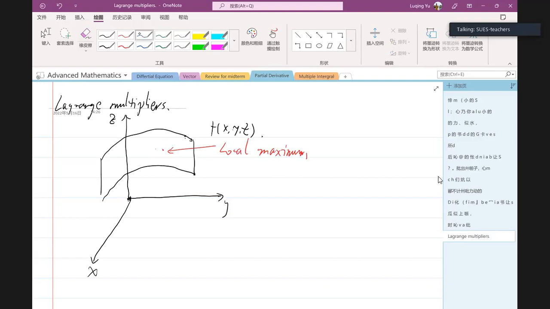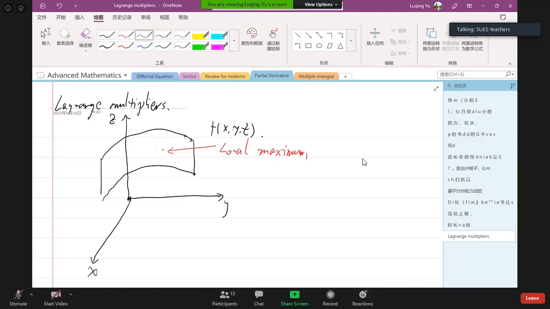However, to reach this local maximum is very hard, because sometimes we have resource constraints, so we will never get this point, right? So then we'll have a constraint.